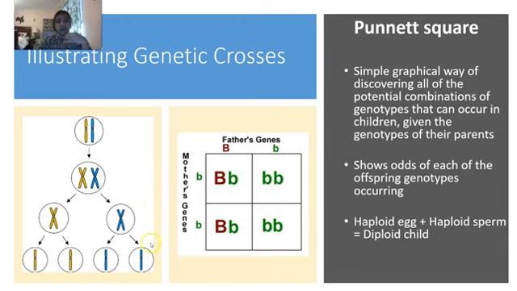Each one of those will further separate in the next round to form the individual gametes. So each one of these has one copy of the allele. Half of them are going to contain one of the alleles, maybe the dominant one, and the other half will contain the recessive one.